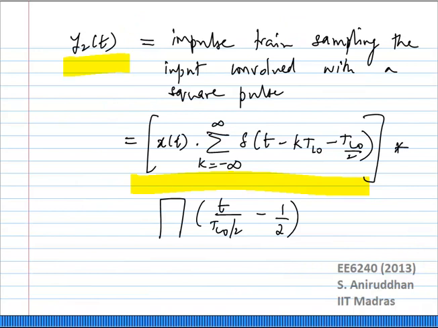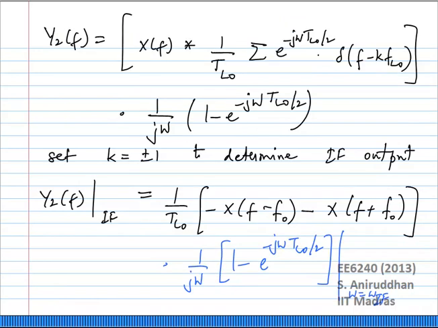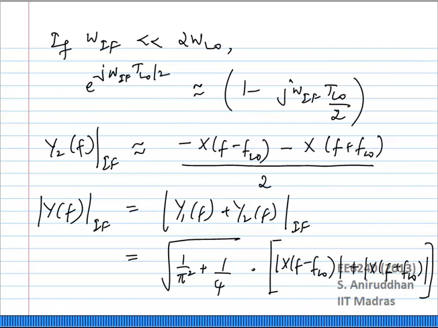y2 of t has a Fourier transform y2 of f, and for this specific condition, in other words, for a receive mixer, when the IF or the baseband is much smaller than the LO, we said that we can make a certain approximation and reduce the expression for y2 of f at the IF frequency to something which looks like this.